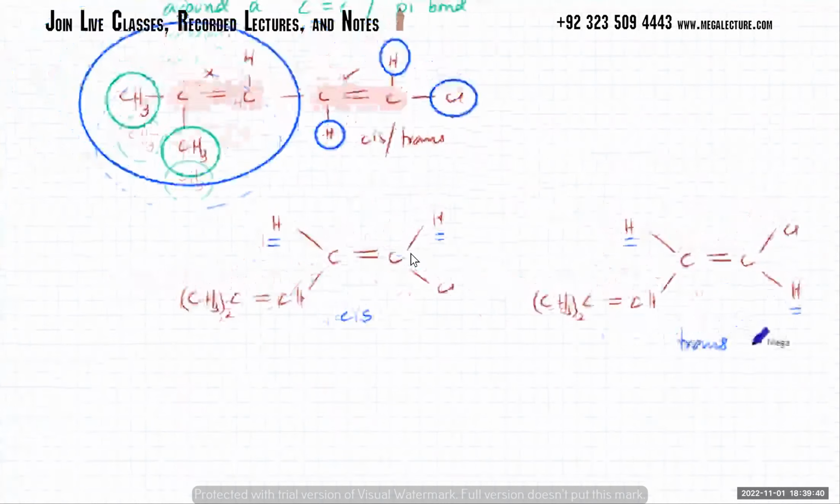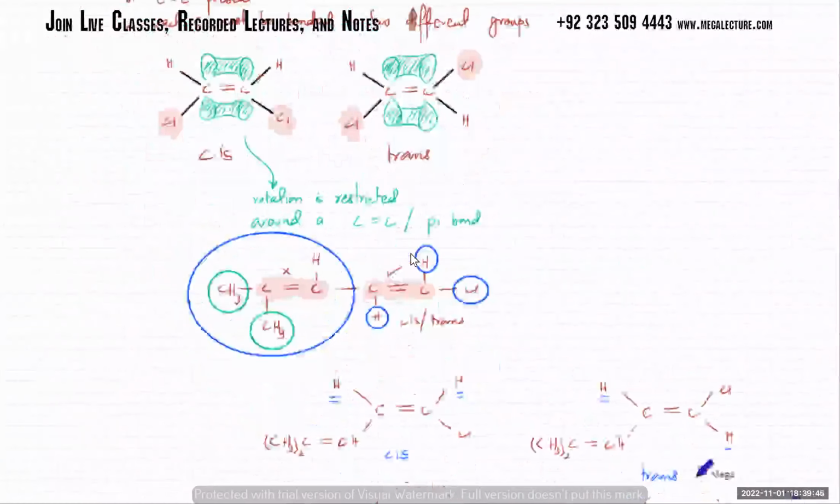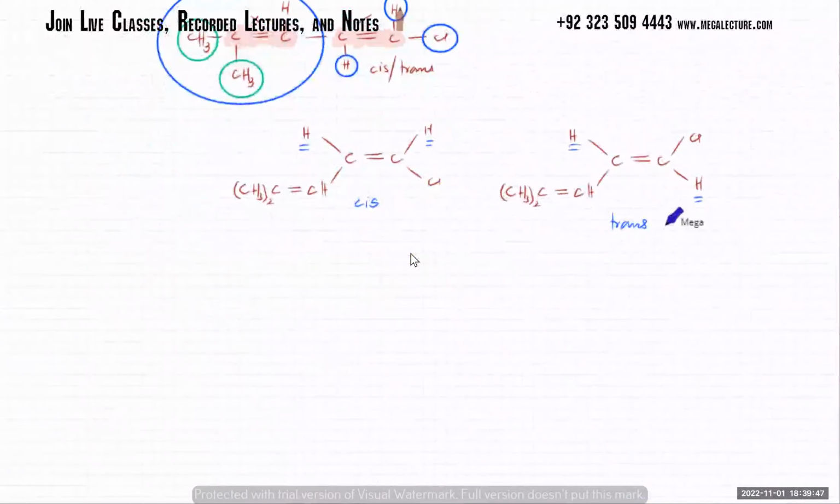There's another thing about geometric isomerism: a molecule can have multiple double bonds that are forming cis and trans.